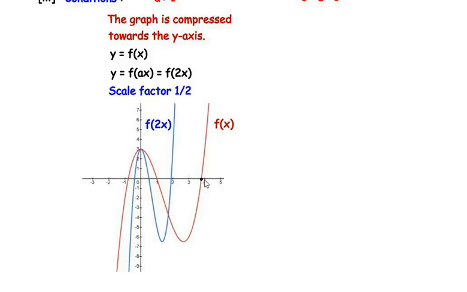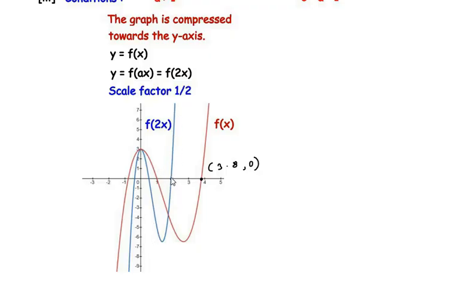So let us take this value. Now this point is just before 4. So we can say it as approximately 3.8 on the x-axis, comma 0. Here the y coordinate is going to remain the same, but the x coordinate is going to get divided by 2. So 3.8 divided by 2 gives us 1.9. So we can see that this blue graph is the horizontally transformed function.